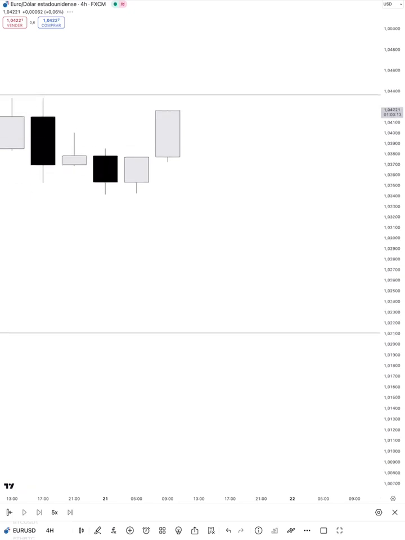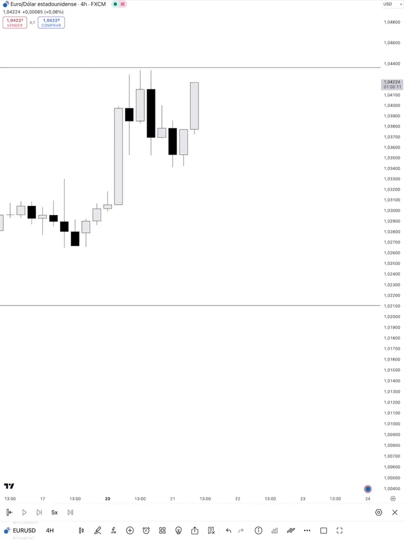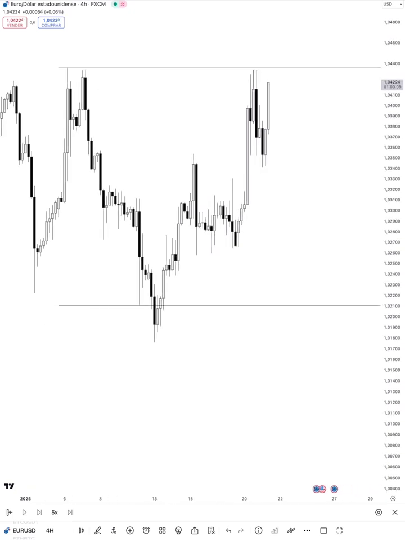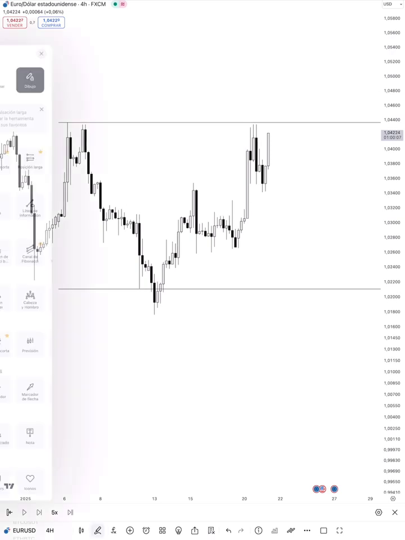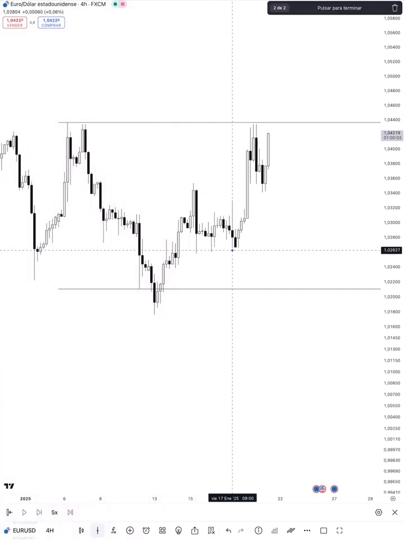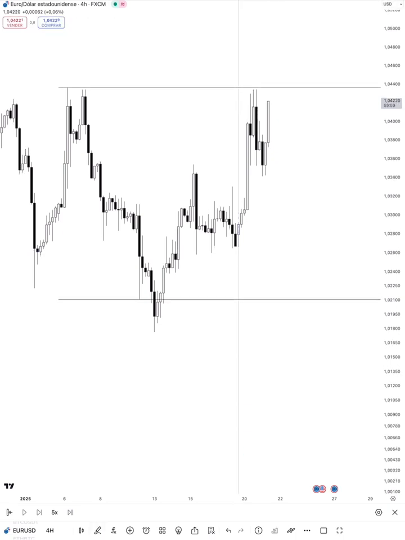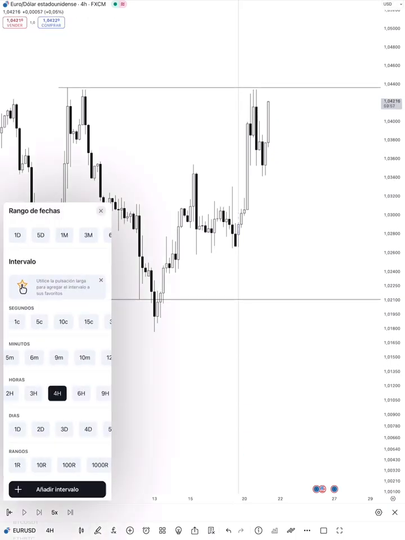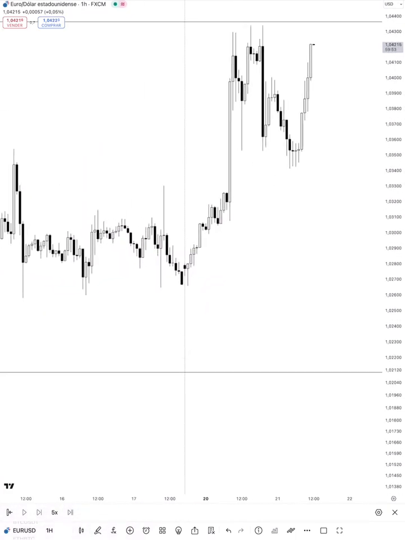Now, the lower time frame entry. I'm going to first mark the weekly open. Right, so Sunday, 5 p.m. is the weekly open. I go and open the 1-hour chart.